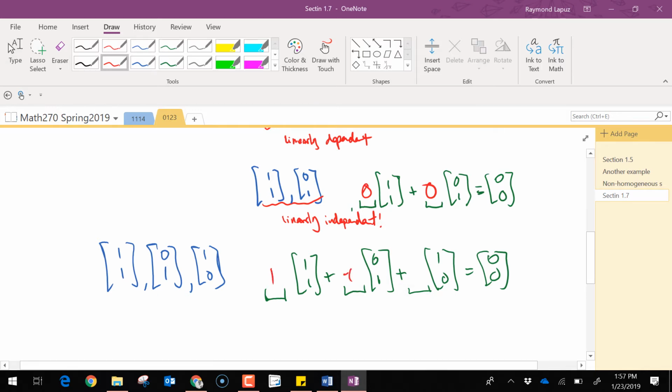1, -1, -1. Agreed? You could probably find more, right? You find other combinations of numbers. So in any case, if I have 1, -1, -1, I'm going to get this to equal to 0. So I'm guaranteed to find a non-trivial solution.